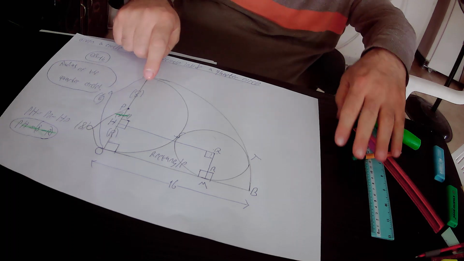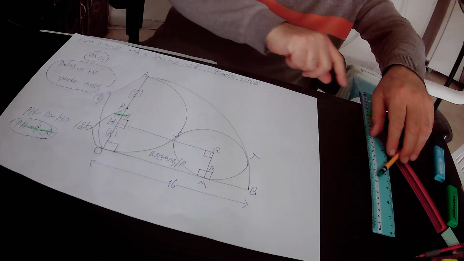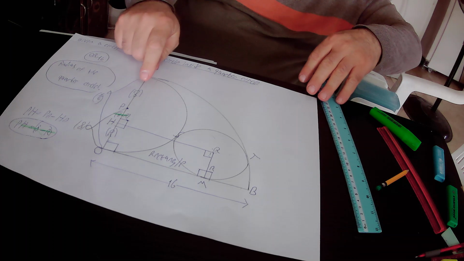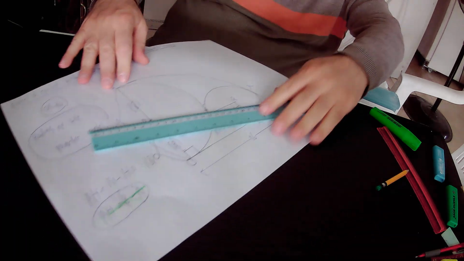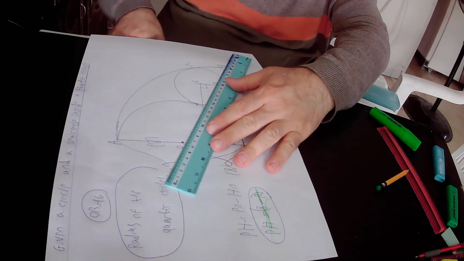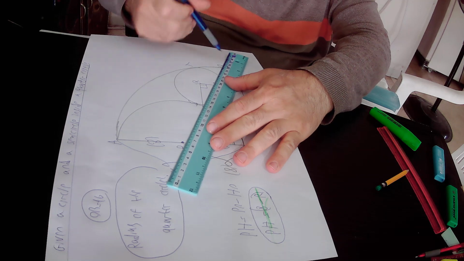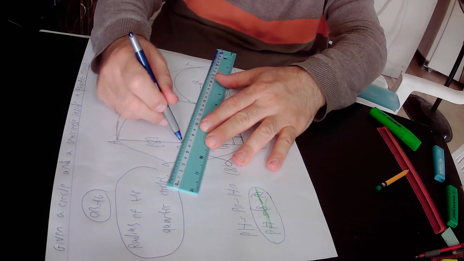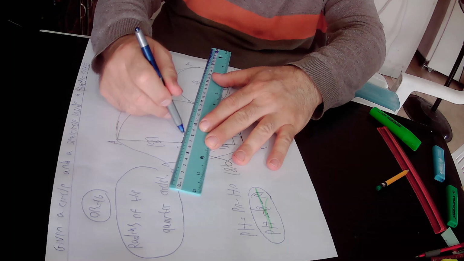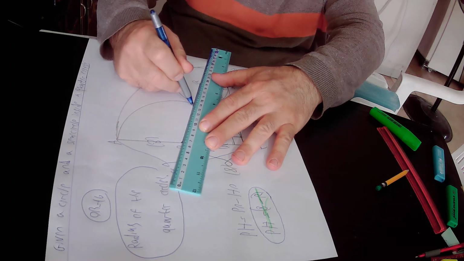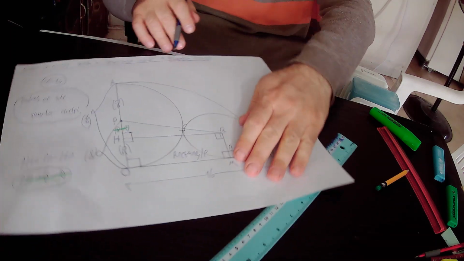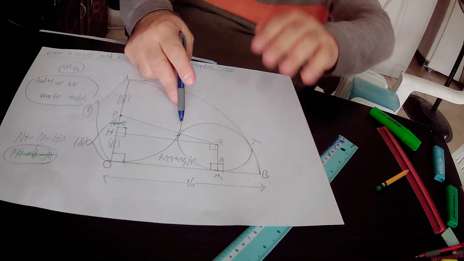So we connect points P and Q together by a straight line, and the straight line PQ passes through point S.